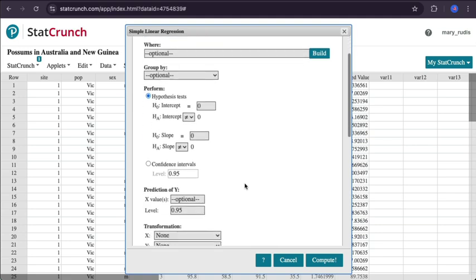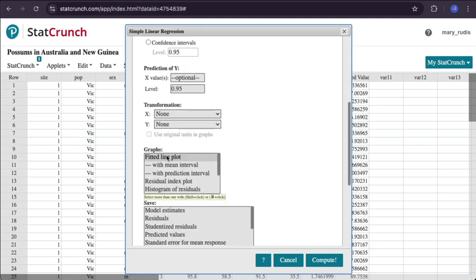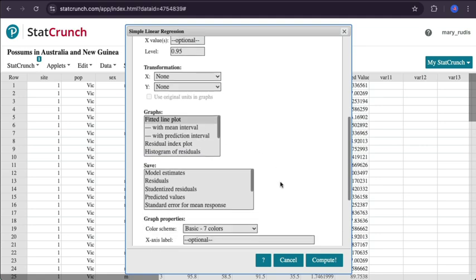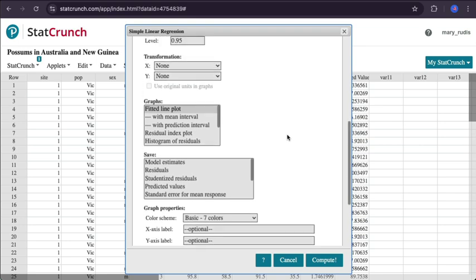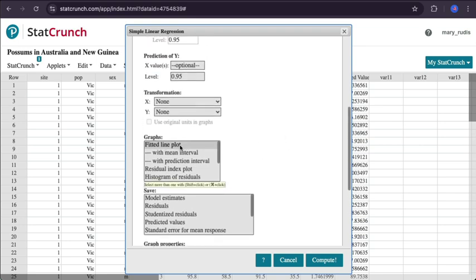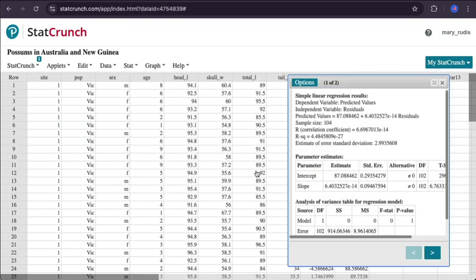And hypothesis test. So this time we're just going to do our fitted line plot. We're going to see what the R value is for the correlation between those two values and what the fitted line would be. So let's do compute.